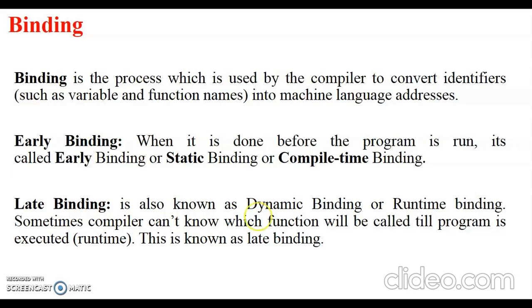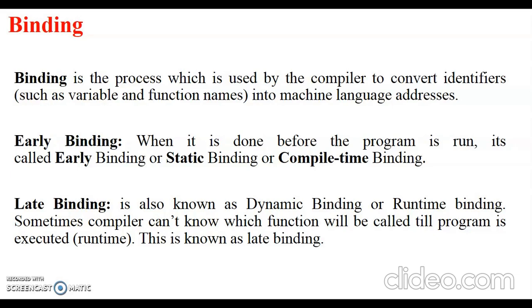The second term is late binding. This is also known as dynamic binding or runtime binding. Sometimes the compiler cannot know which function will be called until the program is executed. Until runtime, until you reach that particular function, the compiler does not know which function is to be executed.